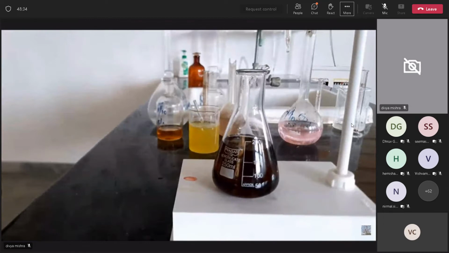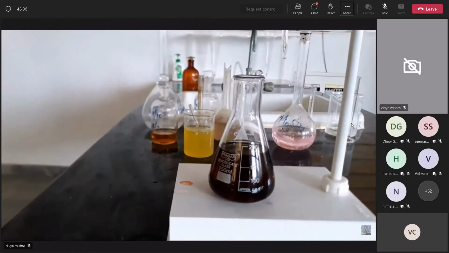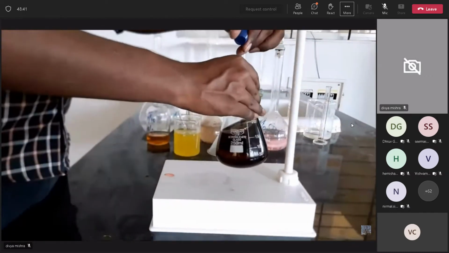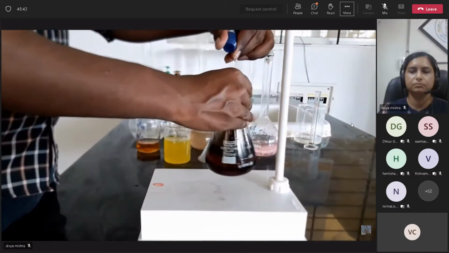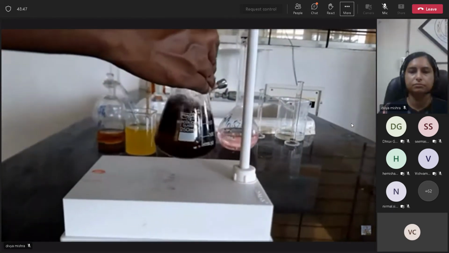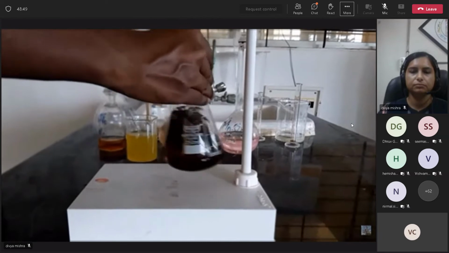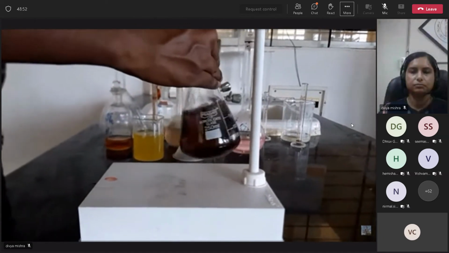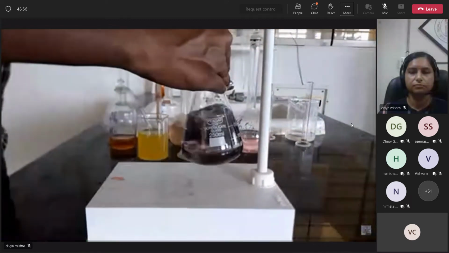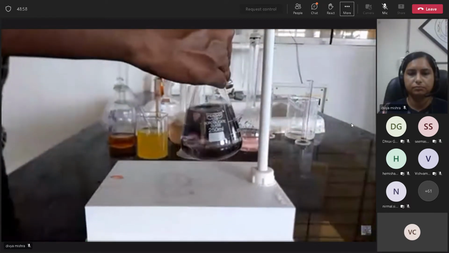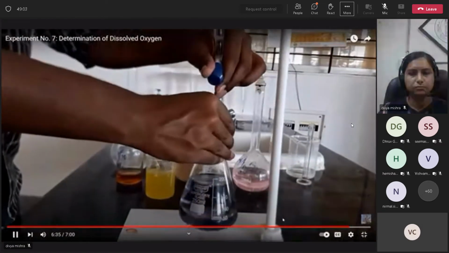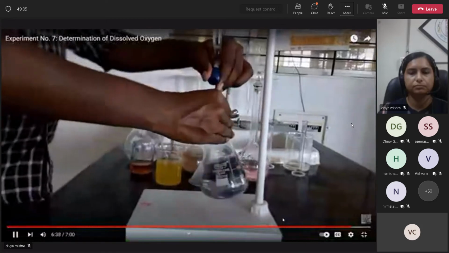After the addition of starch, it has turned to dark blue color. Now titrate it until it appears colorless.